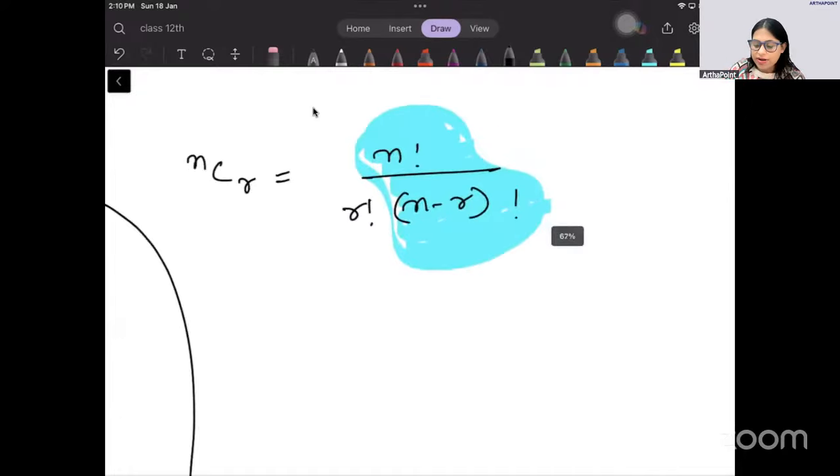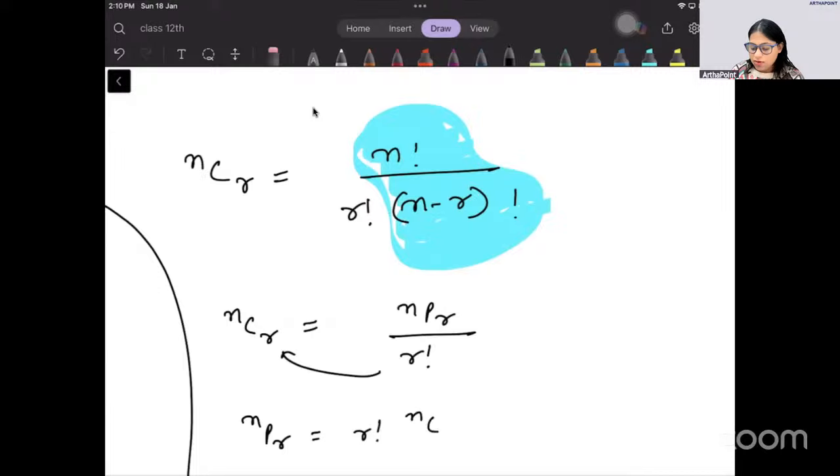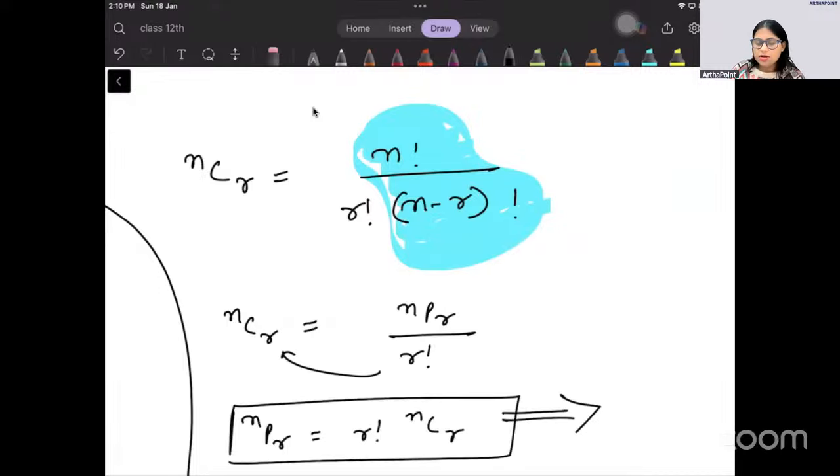So I can say that nCr is equal to nPr by r factorial, and I can take it here. So nPr will be r factorial into nCr. This is the relationship between permutation and combinations, and sometimes it can be asked in exam.